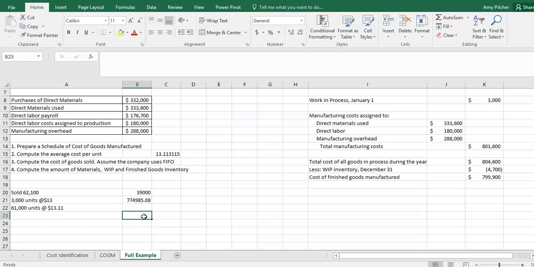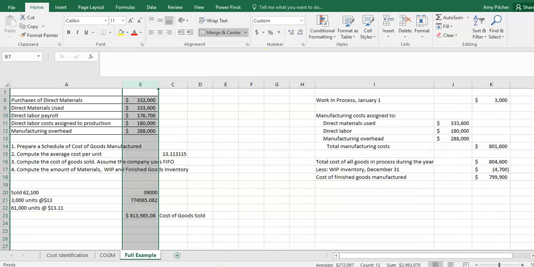So that tells us our cost of goods sold is $813,985. And 8 cents, which you're probably going to round to a whole number in Connect.